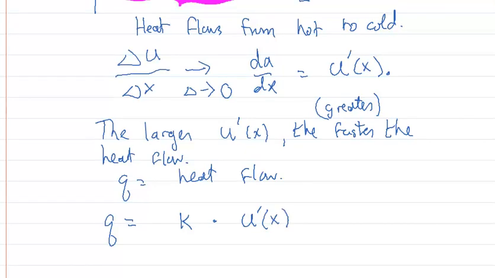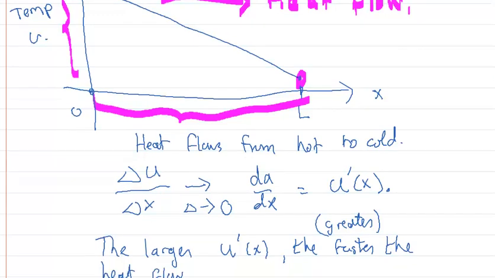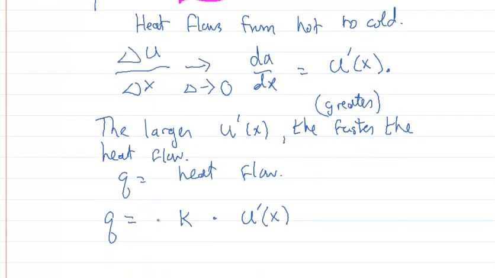However, notice that heat flows from hot to cold. So here we have a negative gradient of U. U prime is negative, but the heat flow is positive. So what does that mean? That means that we need to have a negative here. And this kappa will be something positive.